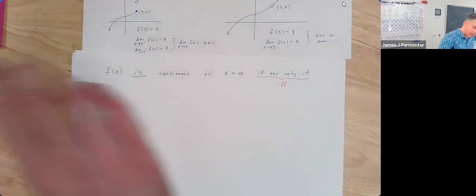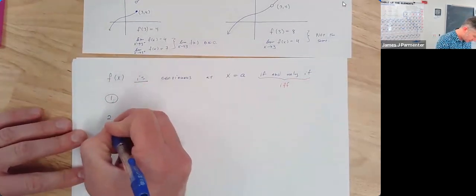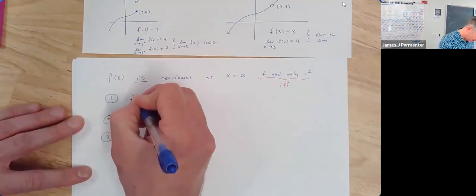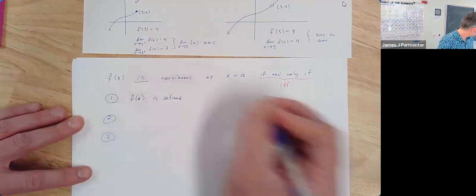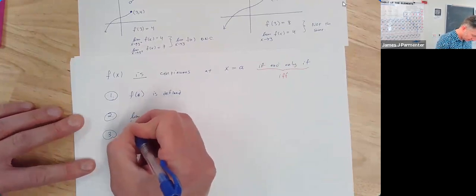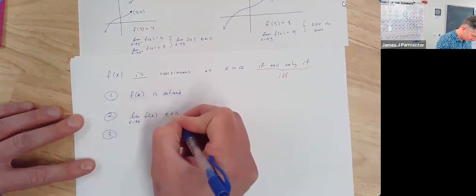So the following three things. Thing 1, f of a is defined. Thing 2, the limit as x approaches a of f of x exists.